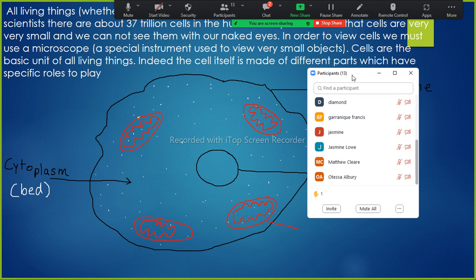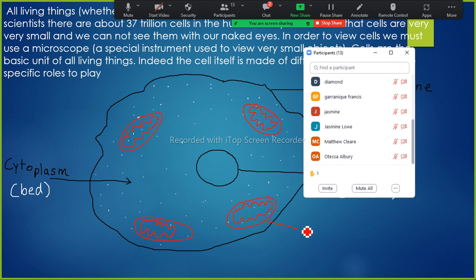Wait. Mito... Mitocon... Mitochondria. Okay, mitochondria.